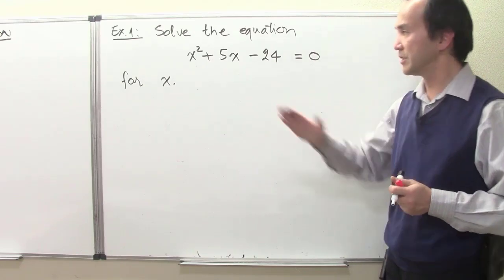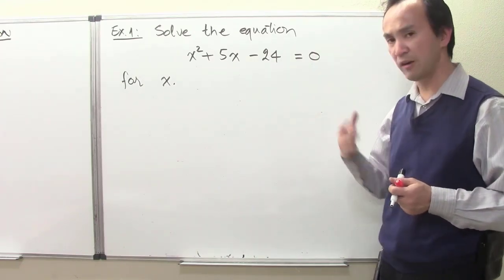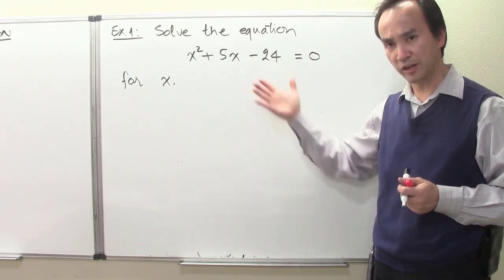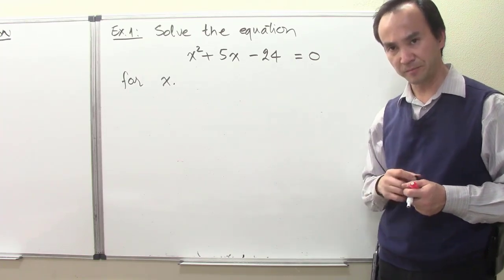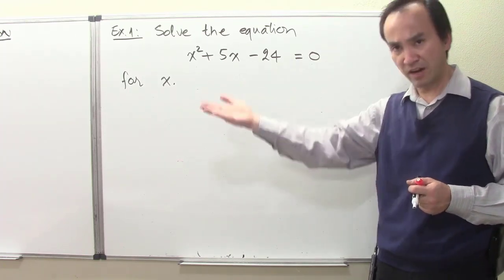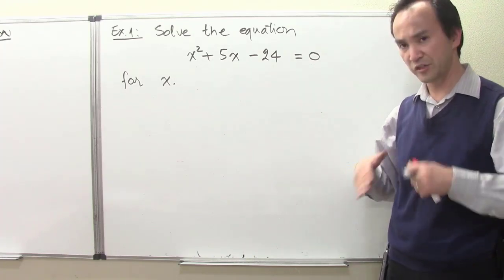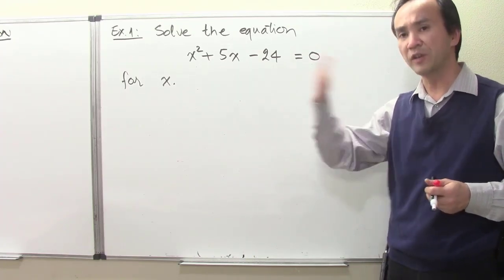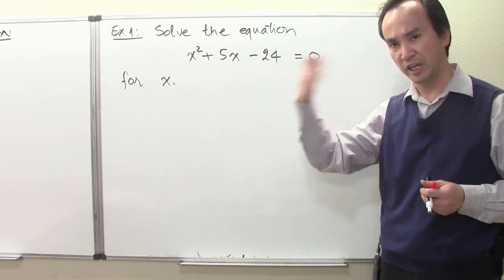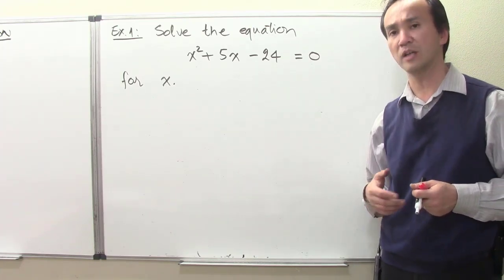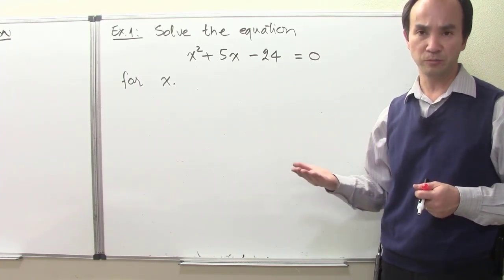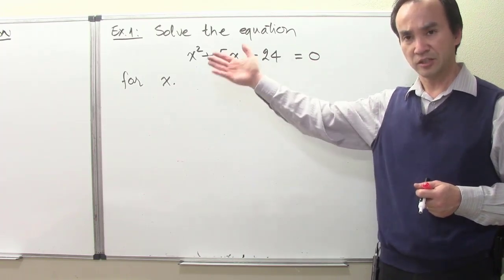All right, so this is our first example over here to show how we can solve a quadratic equation by factoring. Just like how I begin with solving a quadratic equation, the general idea here, before we can use any of the methods to solve a quadratic equation, make sure to put our equation in standard form.